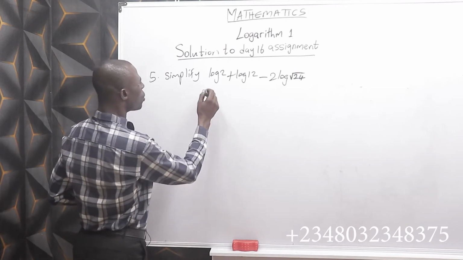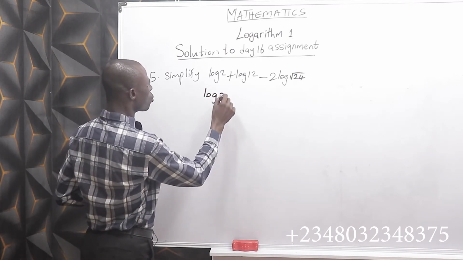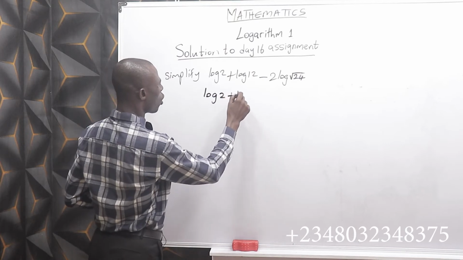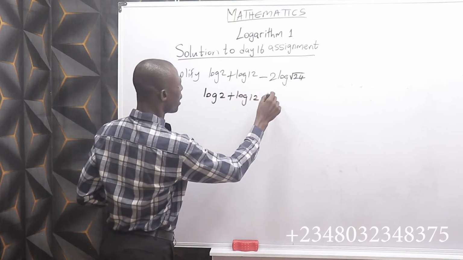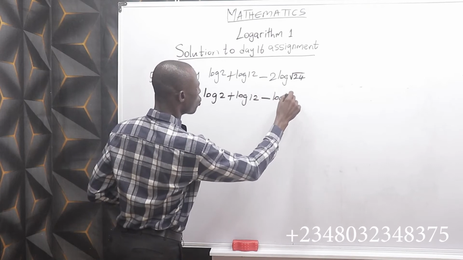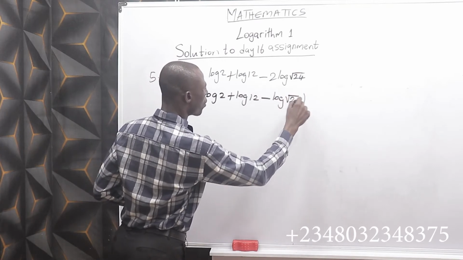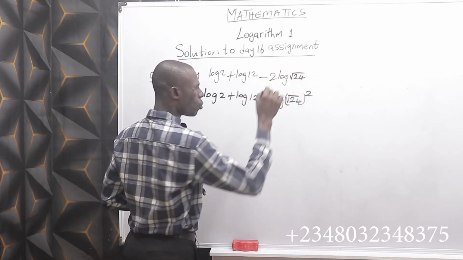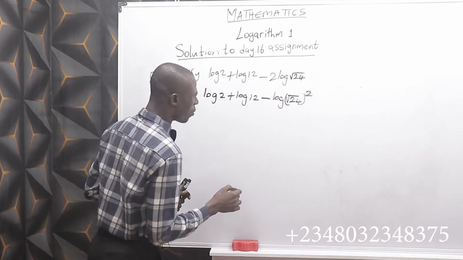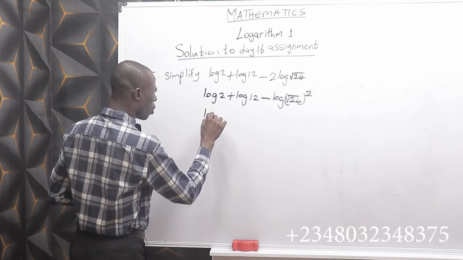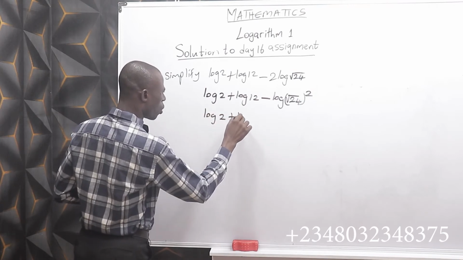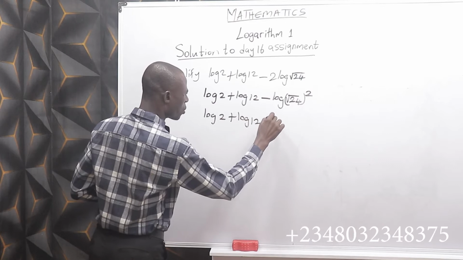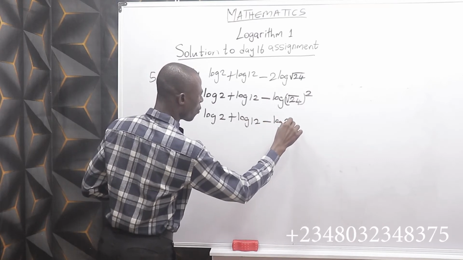So let's go. Log 2 plus log 12 minus log root 24 raised to power 2. You bring the 2 at the back here to become the power on the number of log. So log 2 plus log 12 minus log 24.